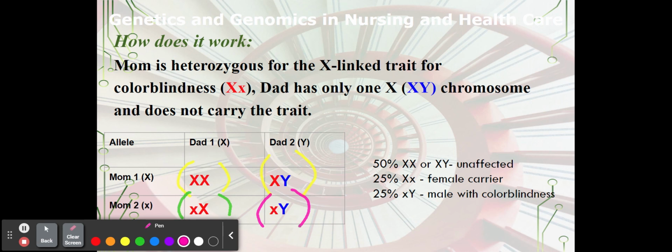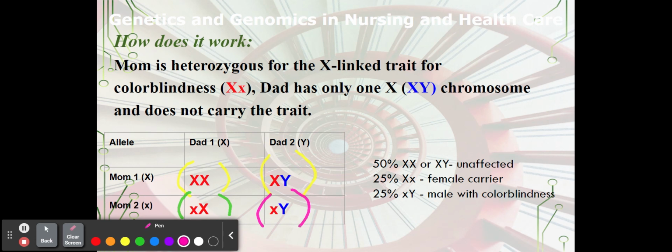50% normal genotype. 25% has a normal phenotype, but is a carrier. They are heterozygous. So there's a 75% chance that your child will have normal color vision with every conception.